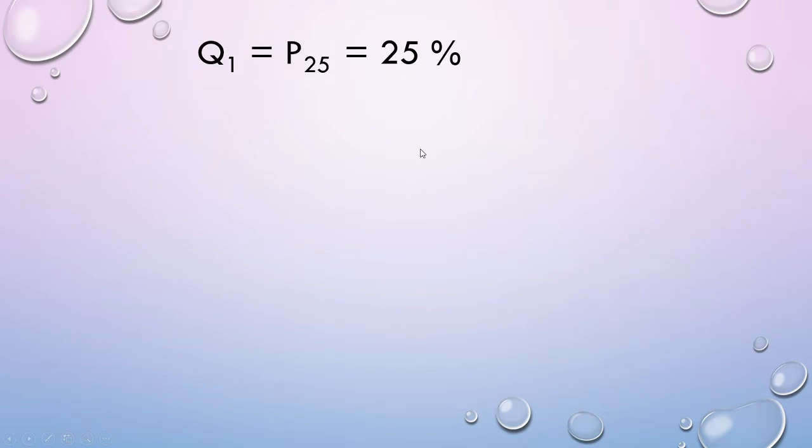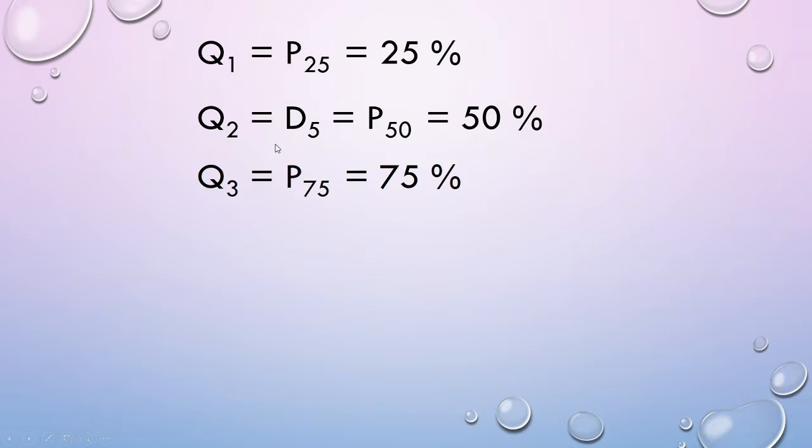Ngayon, makikita ninyo, may mga values pala na pare-pareho. Kagaya ng Q sub 1. Q sub 1 is equal to P sub 25 kasi pareho silang equivalent to 25%. Same with Q sub 2. Ang Q sub 2 ay equal to D sub 5 equal to P sub 50 because they are all equivalent to 50%. Ang Q sub 3 is equal to P sub 75 because they are both equal to 75%.